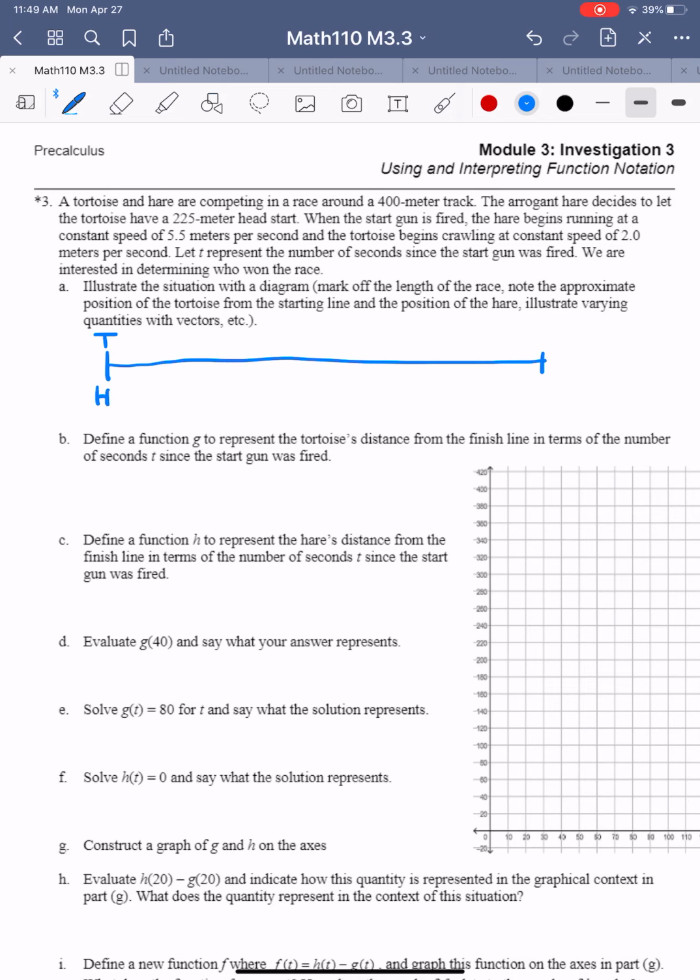The hare is running all the way to 400 meters. Taurus has already gone 225 meters, so he only needs to go 175.